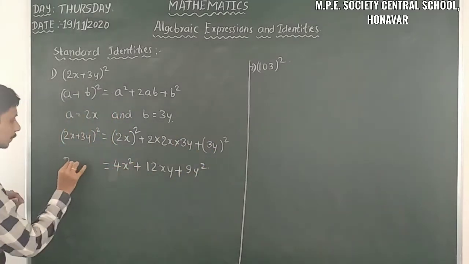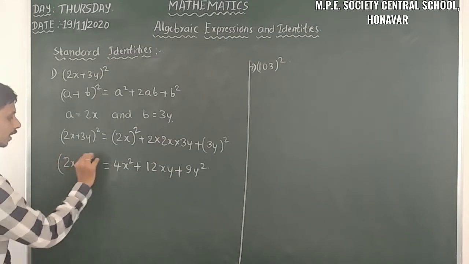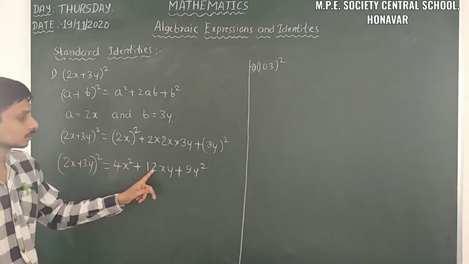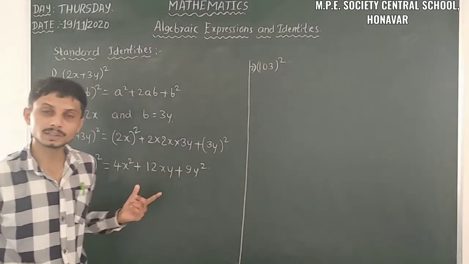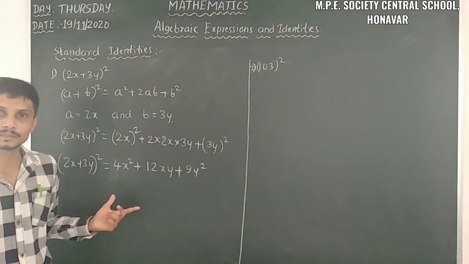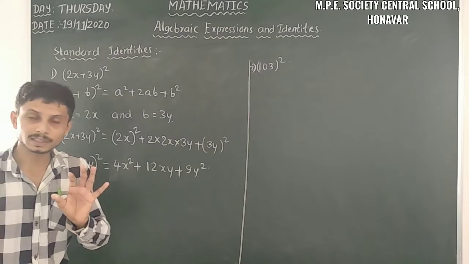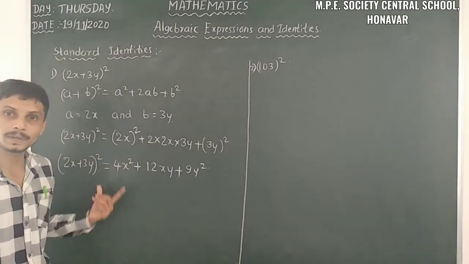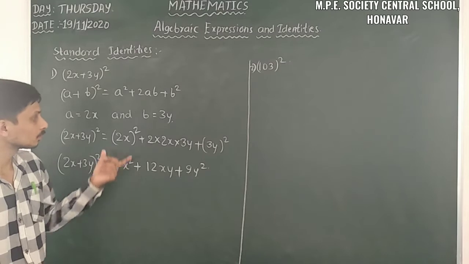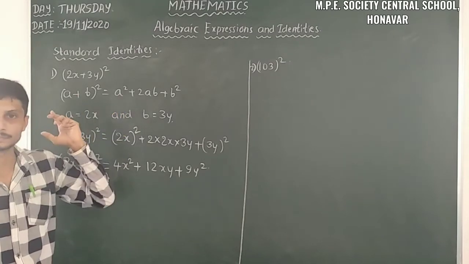That is, (2x plus 3y) whole square is equal to 4x square plus 12xy plus 9y square. It is very easy to calculate in a very small interval of time, so we can complete this problem with the help of this identity.